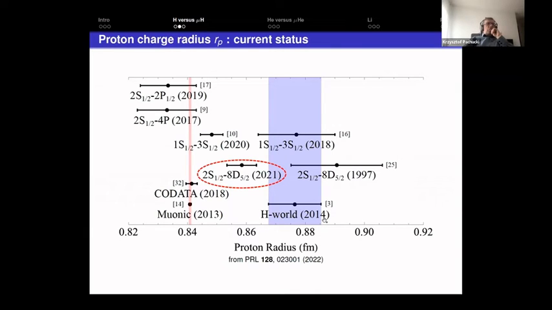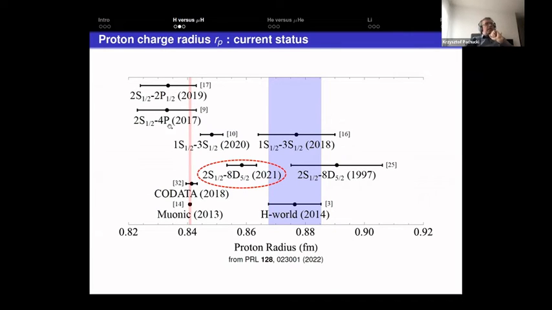The only indication that this previous hydrogenic value was not correct is the fact that these measurements are only from one laboratory, and this one laboratory tends to give a larger proton charge radius. Here on the left, there have been different laboratories.